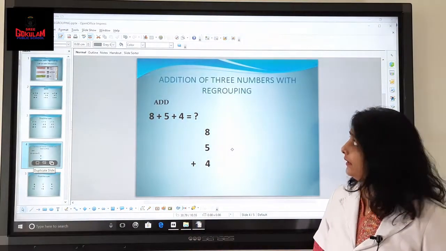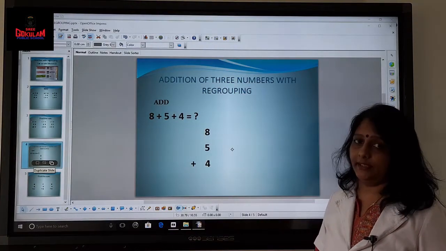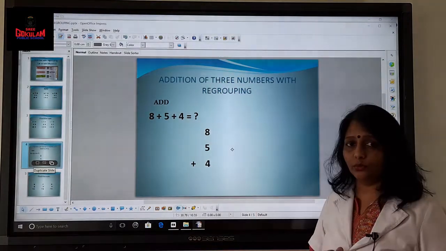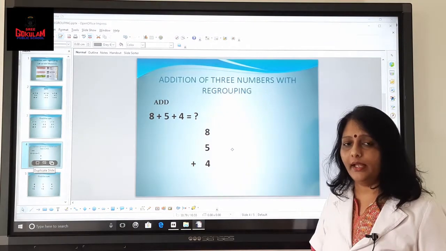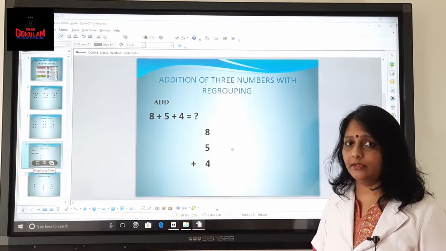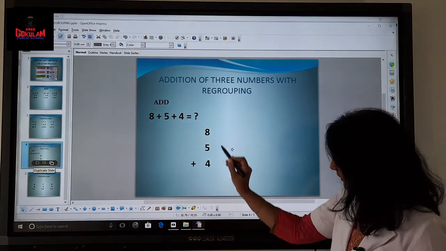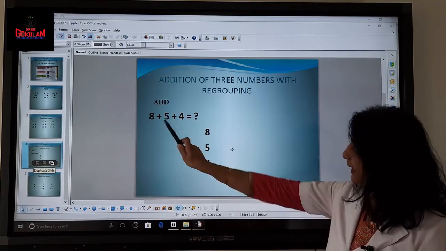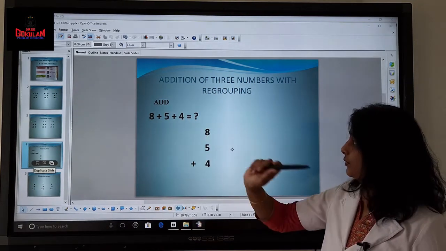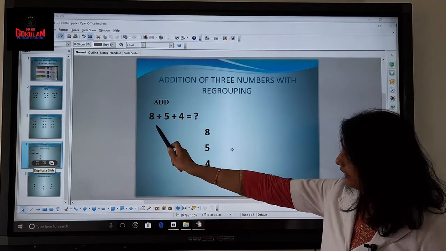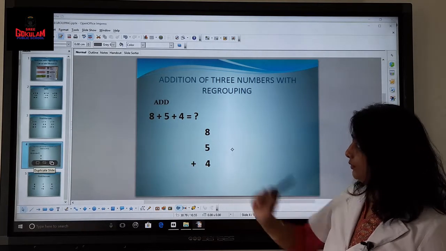Next is addition of 3 numbers with regrouping. Actually, this you have already done. You know how to add 3 numbers, right? Here you see 8 plus 5 plus 4. You have to add 8, 5 and 4.